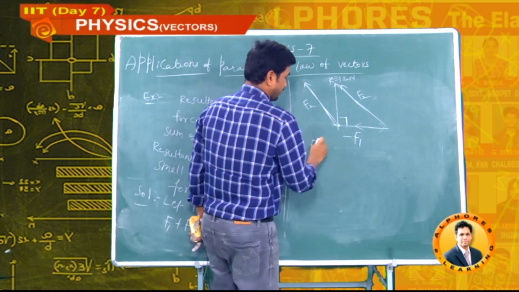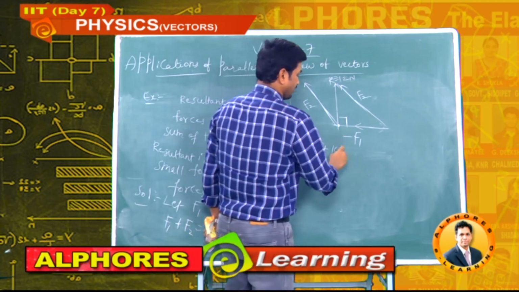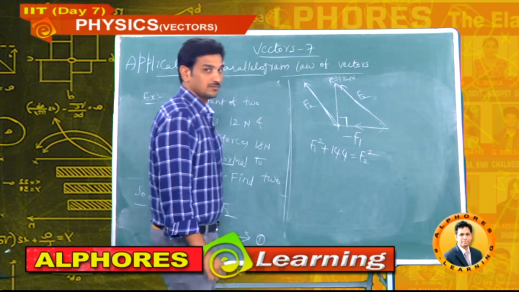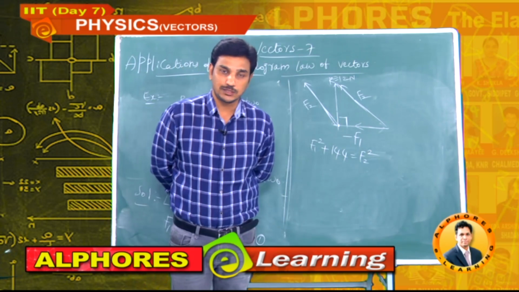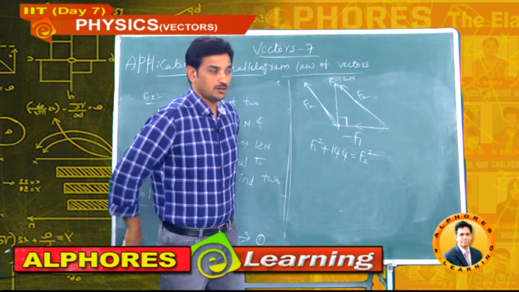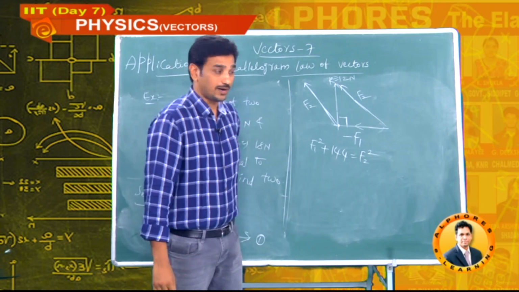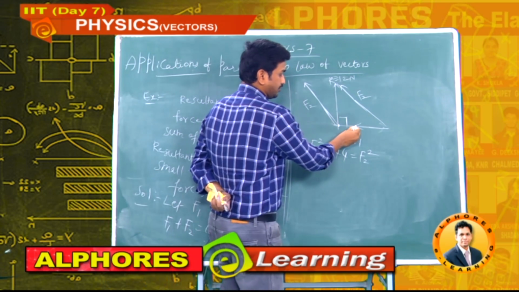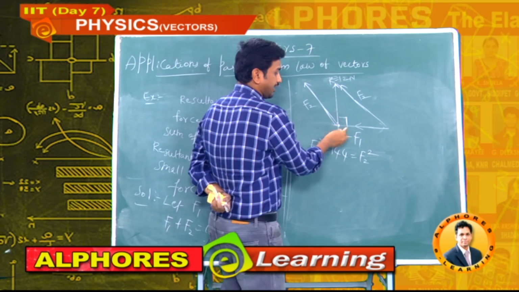So directly I will use the magnitude. F1 square plus 12 square is equal to F2 square. The two are perpendicular. What is the resultant? Root of a square plus b square. Already we derived this for two perpendicular vectors. Here the head of minus F1 is connected to the tail of R, and we are adding these two.